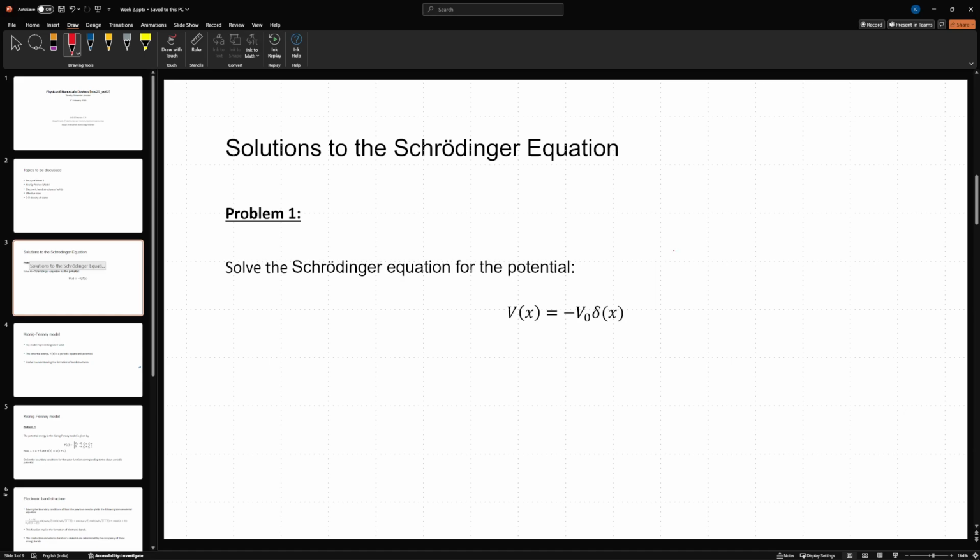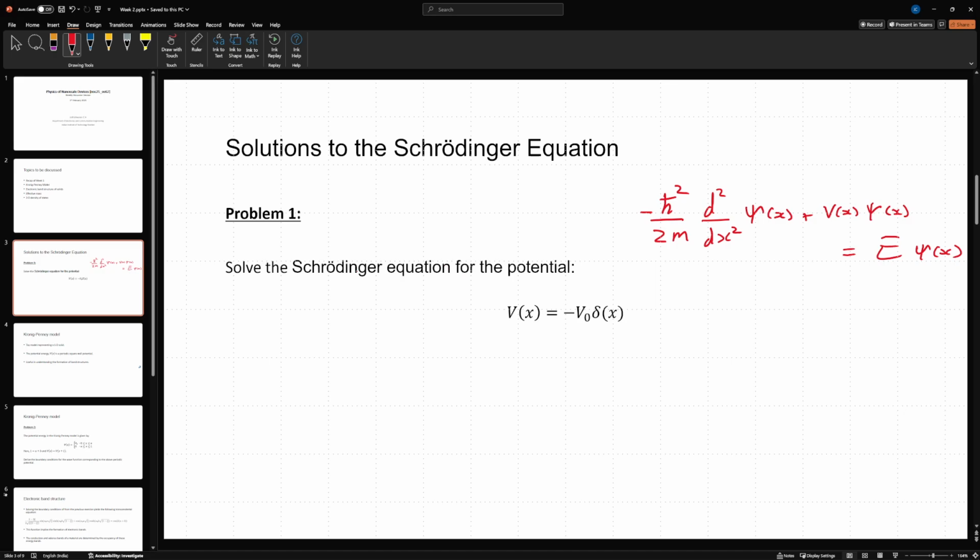Since this is 1D only, I will write the equation as minus h bar squared upon 2m d squared upon dx squared psi of x plus V of x psi of x equals E times psi of x.